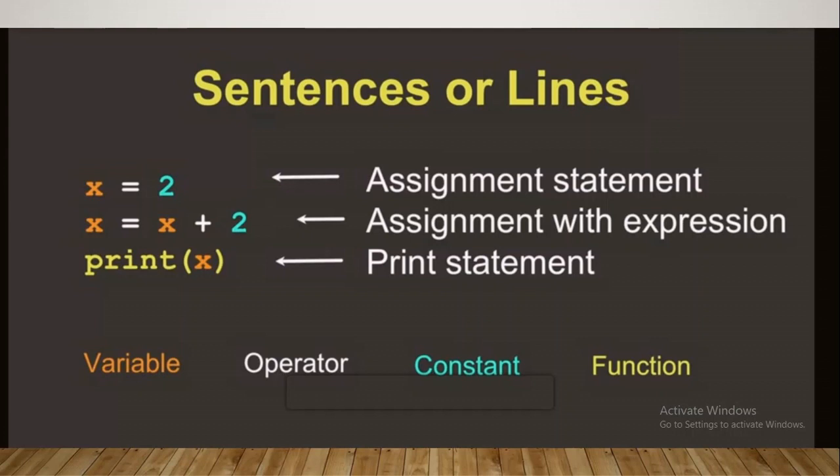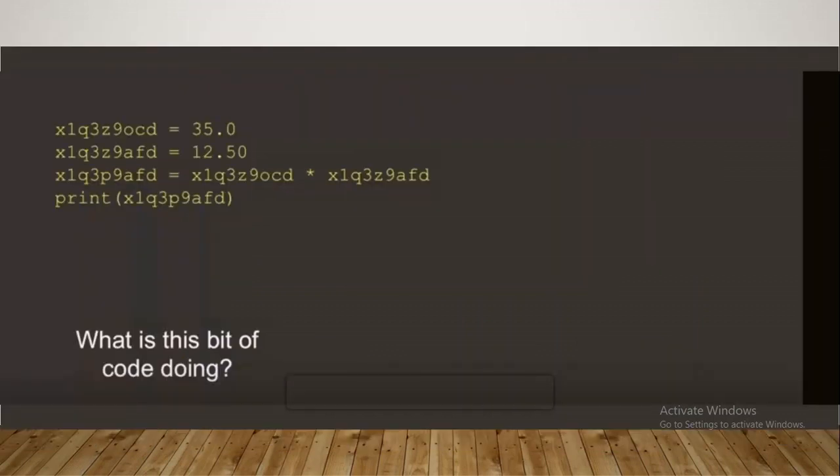So here you have a variable, a plus operator, the addition operator, an assignment operator, which we will discuss in future videos, and a constant too, and a function: print is a function. So yeah, here you go with an example.